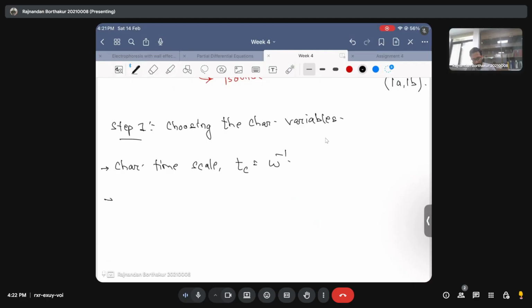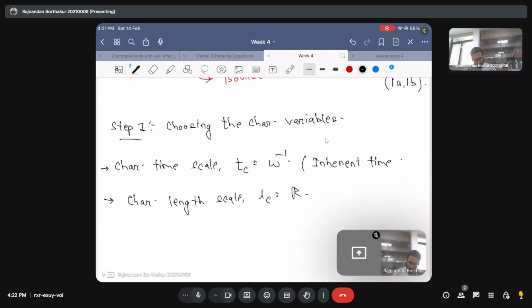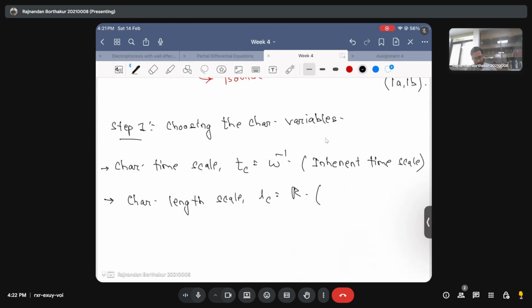In the same spirit, I can also choose my characteristic length scale Lc as R, which is the radius of the pipe. And this is the length scale, because this is already there in the problem.